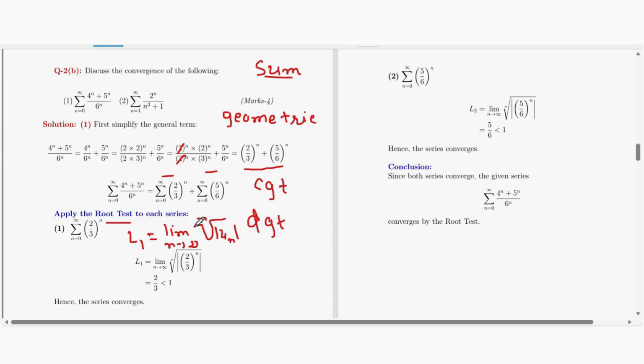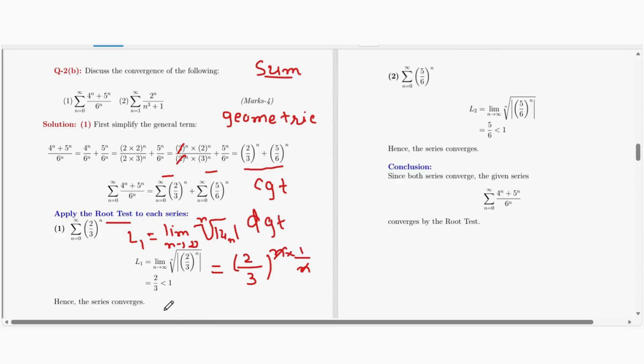Nth term of the series. So for our series, nth term is 2 by 3 raised to n. So this is the positive term. Okay, so what we get? Positive term. That's why after removing this absolute value, we get 2 by 3 raised to n, and this is the nth root. Okay, so that's why write 1 upon n. So now n is cancel out. Answer is what? 2 by 3.